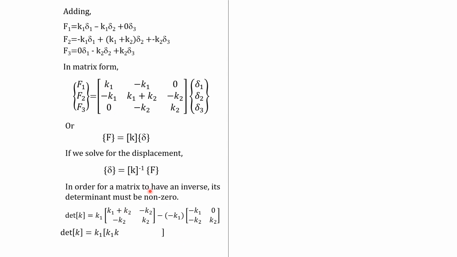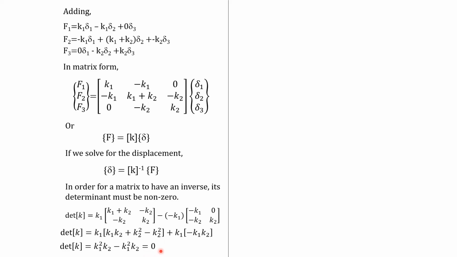So determinant of K is K1 times K1 K2 plus K2 square minus K2 square. So the product of this diagonal, K1 K2 plus K2 square, minus negative K2 square. Then plus K1 times negative K1 K2 minus 0, so negative K1 K2. If you expand this, the determinant would be equal to K1 square K2 minus K1 square K2.